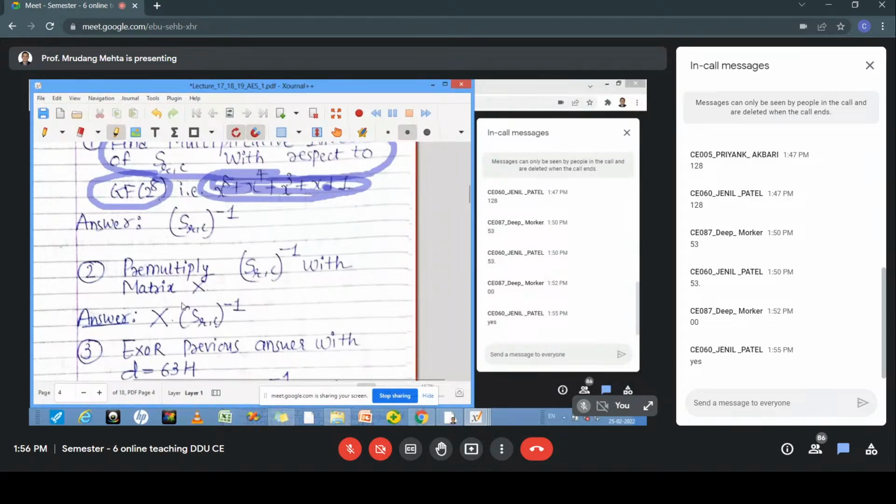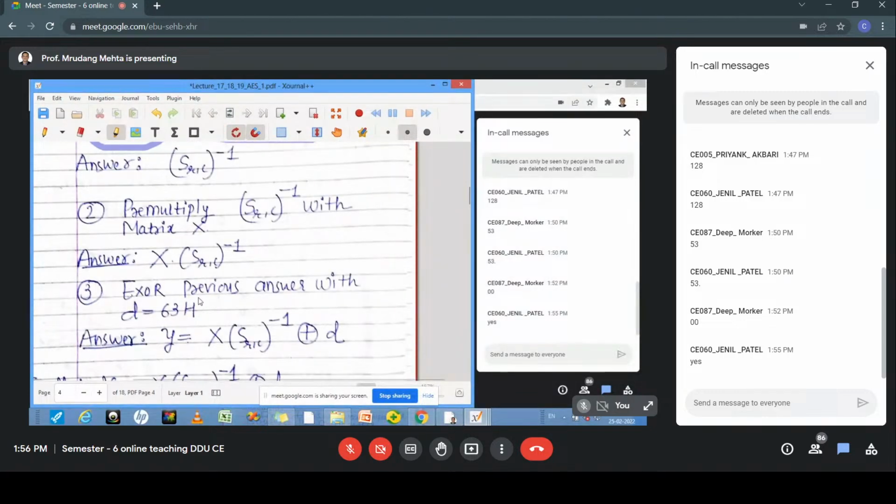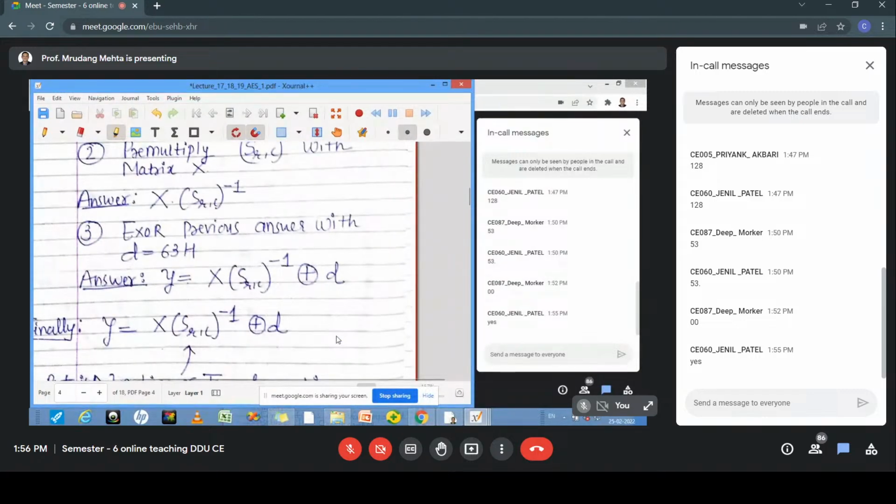Then the third step is XOR with D, so X dot SRC inverse XOR D. Here D value is taken as 63H, our first value 00 is 63H. So finally, our Y value is X dot SRC inverse XOR D.